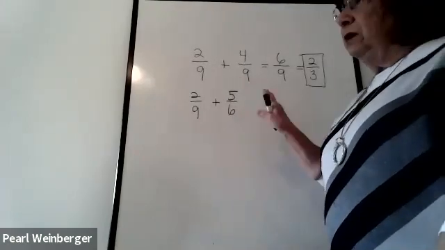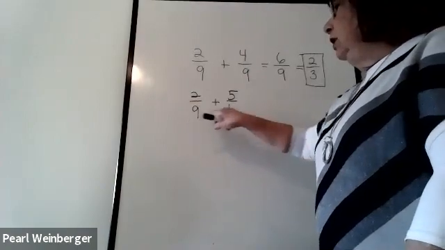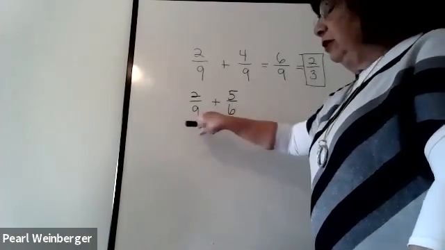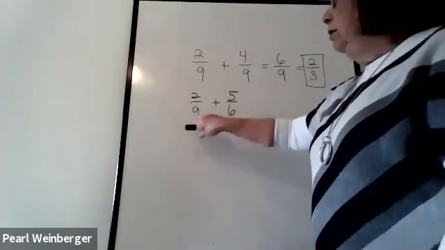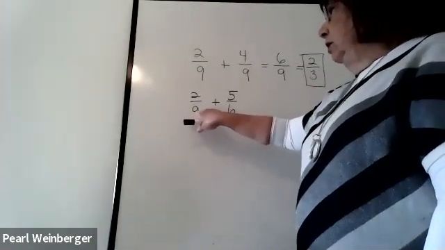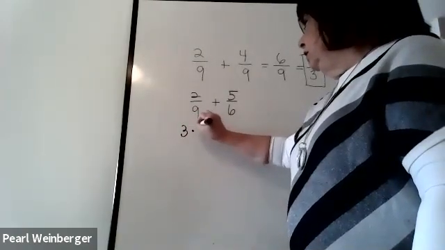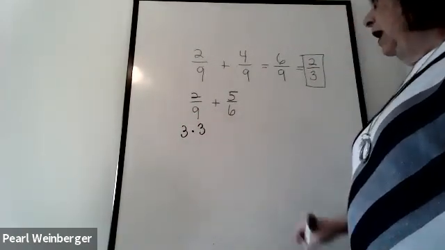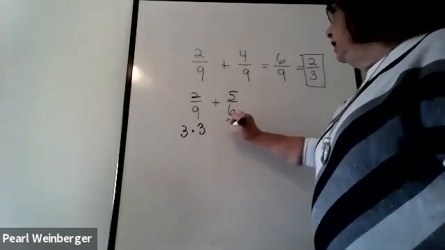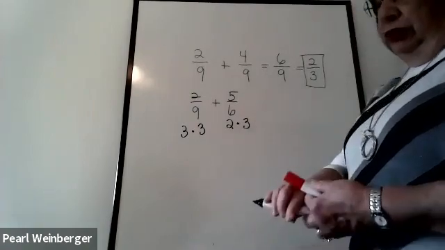So I want to do a different method. What I do is I factor out my denominators. What does that mean? Well, 9 can be written as 3 times 3. And 6 could be written as 2 times 3. Factor your denominators.